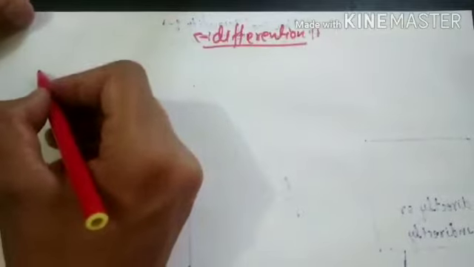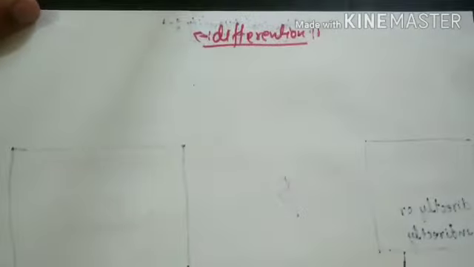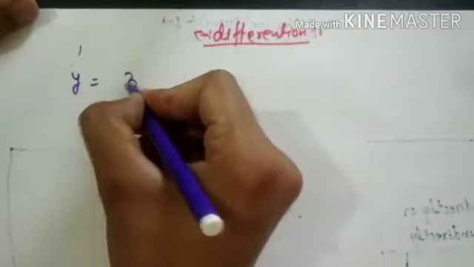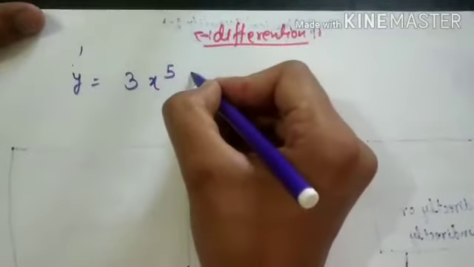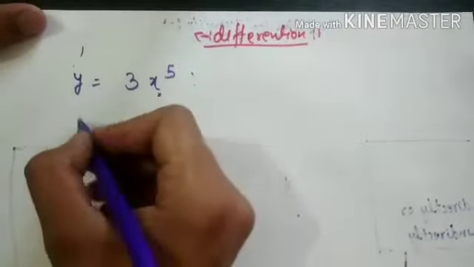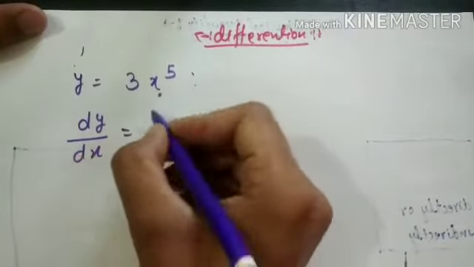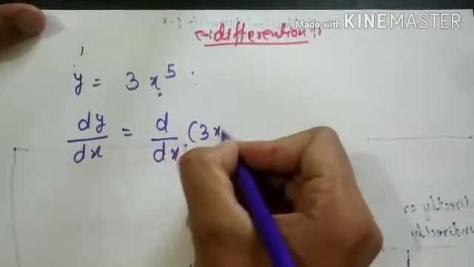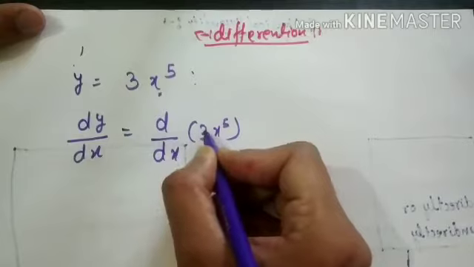So first we'll see some examples of differentiation. Let's consider that we have a function y is equal to 3x to the power 5, and we want to differentiate it. Then we will write dy by dx. We know that in case of differentiation we have to take the constant out.